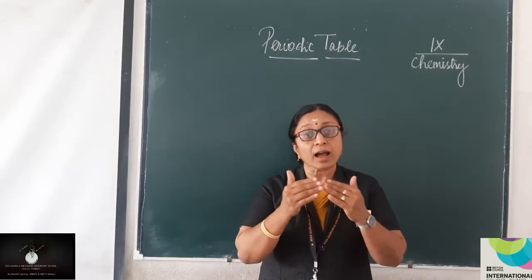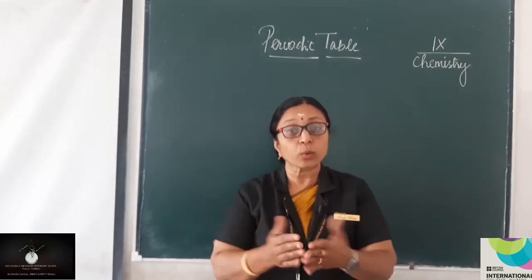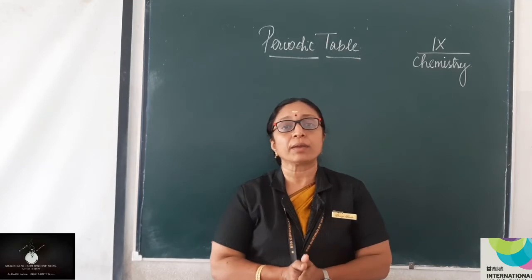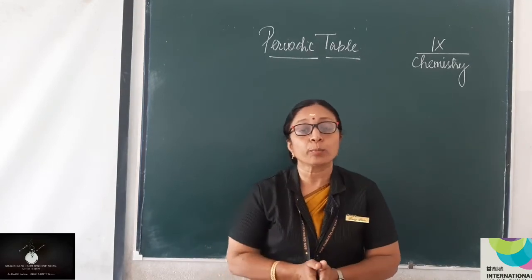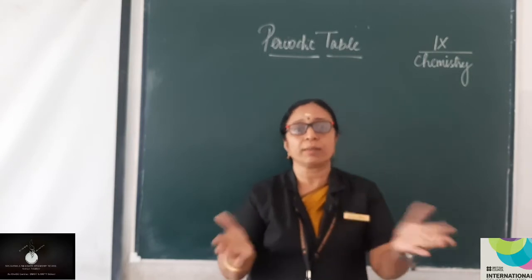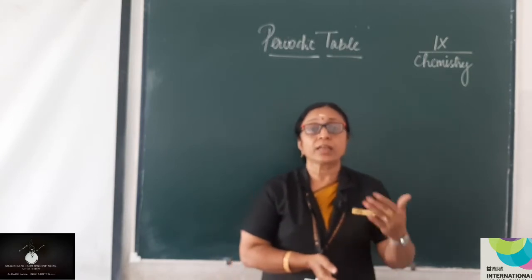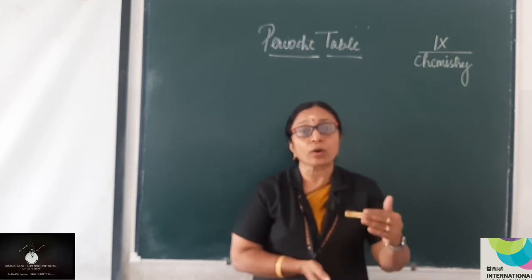When he arranged all these 63 elements, he found out that elements coming under the same group exhibited similar physical as well as chemical properties. Understood? So based on this, he proposed the periodic law.